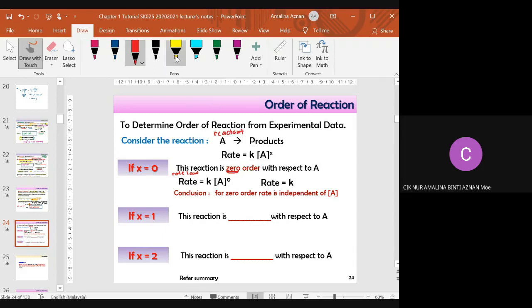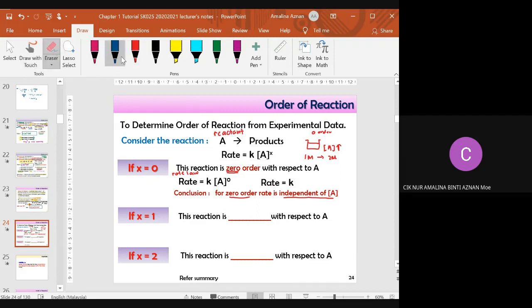This is only for zero order. It means the rate of reaction is independent of the concentration of A. For example, if the reaction is zero order and you double the concentration of A, say from 1 molar to 2 molar, nothing will change to the rate of reaction, because it is independent of the concentration of A.